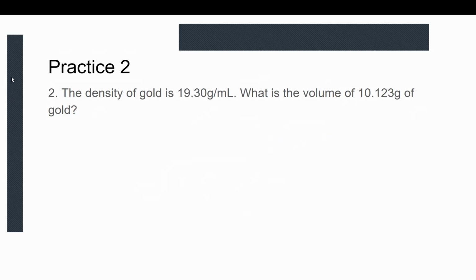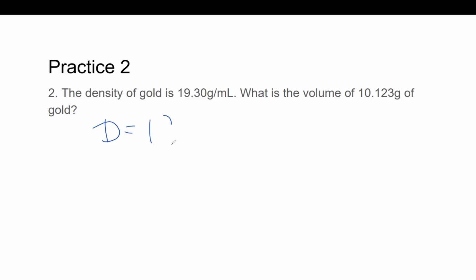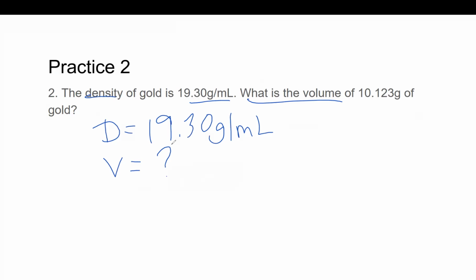Here we have it. The density of gold is 19.30 grams per mil. Don't be afraid to write things down. It helps you keep track of things. It says, what is the volume of 10.123 grams of gold?